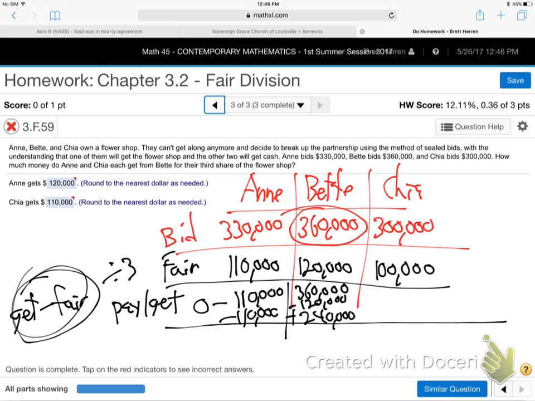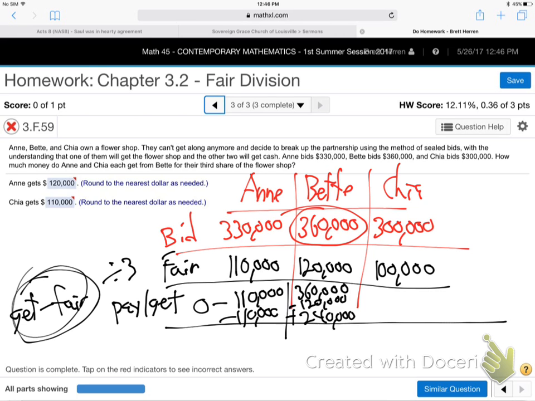Betty should pay into the estate $240,000 because she was given the whole flower shop, which is worth more than what she thought would be a fair share. See what I'm doing, guys and gals? I just take what they get minus the fair share.